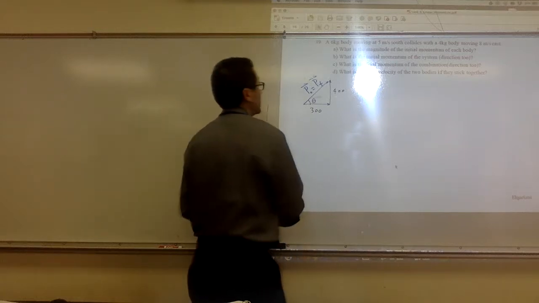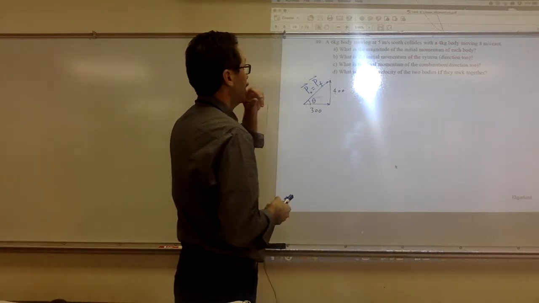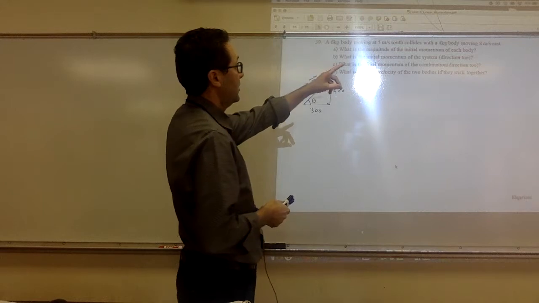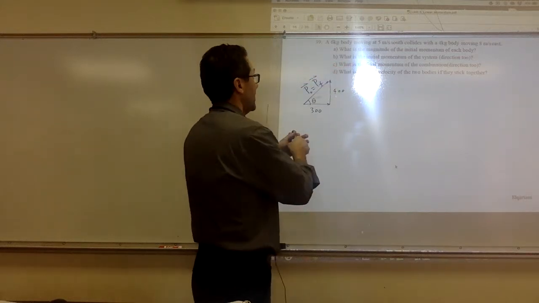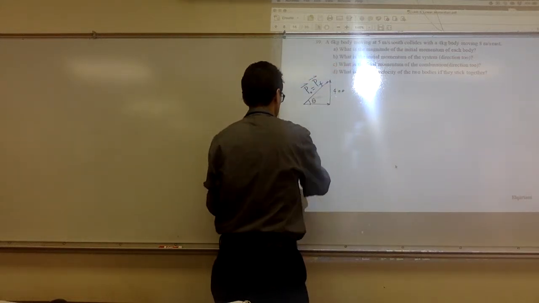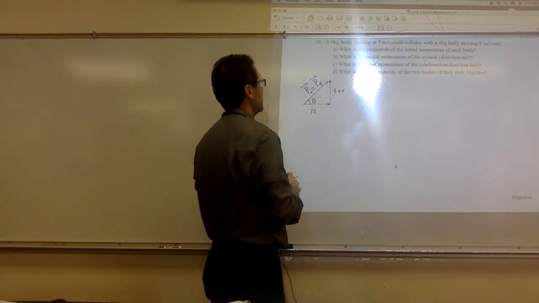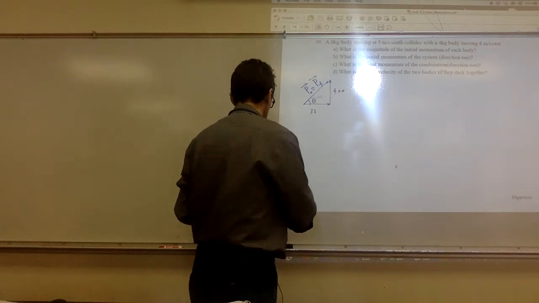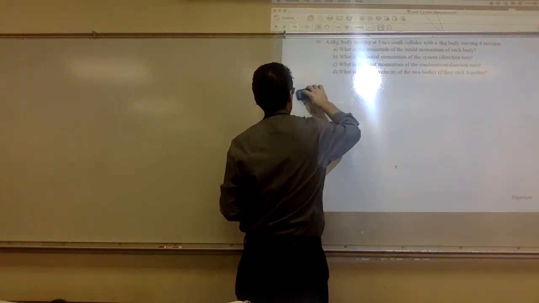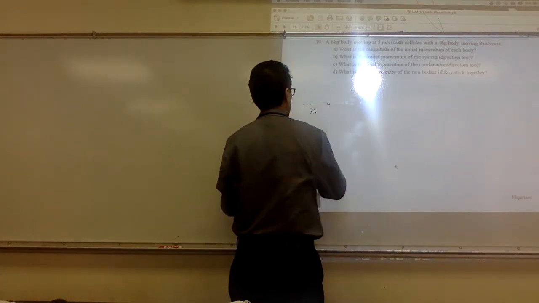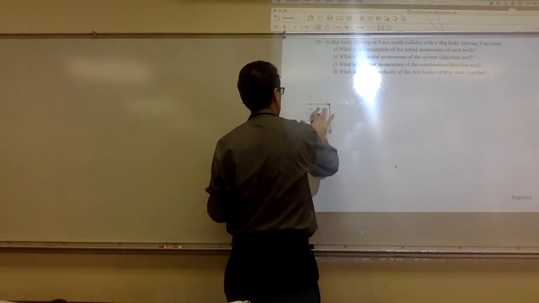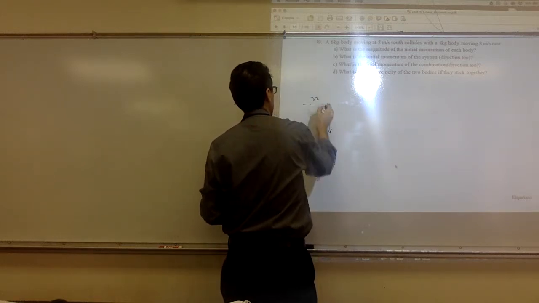Okay. So here you have an object moving at 8 meters per second east with a mass of 4 kilograms. So that's a momentum of 32 kilograms meters per second. And then it's going to collide with something going south. So you always do head to tail to make your triangle.